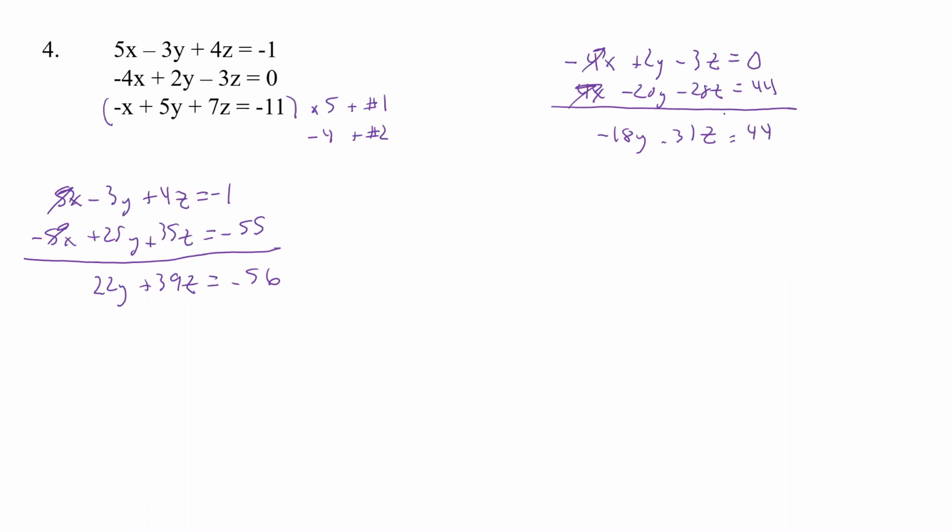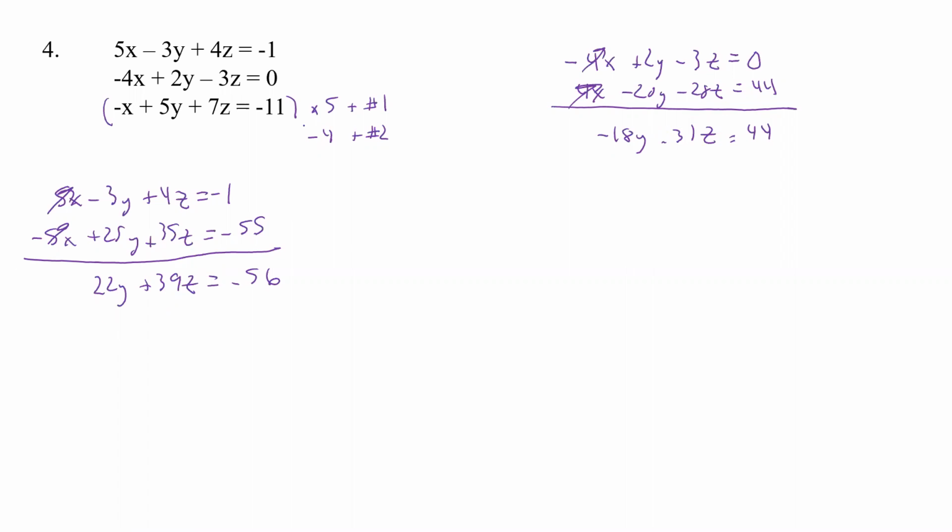All right, now what do we have? We have big numbers. We have 18 and 22, 39 and 31. And so now we have to kind of decide what we want to eliminate next. And I think probably, let's look, 31 and 39, that's 3 and 13, that's 31. Those are big. Here, well, at least we can divide by 2.